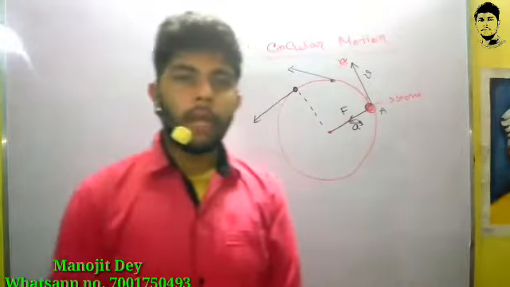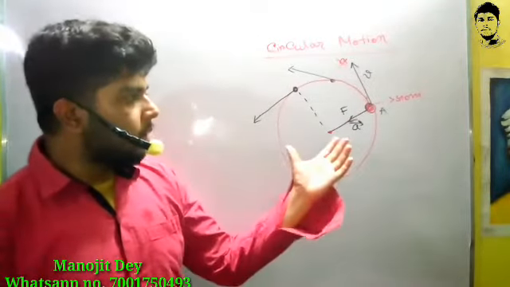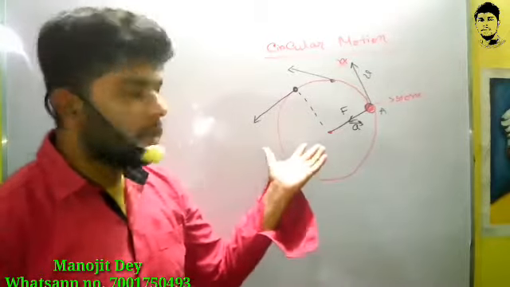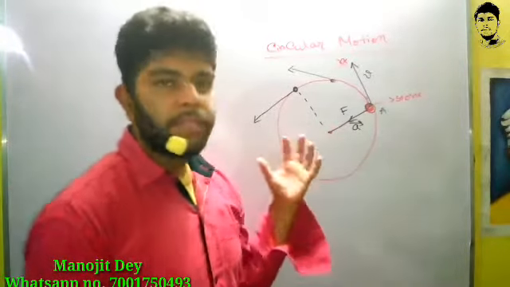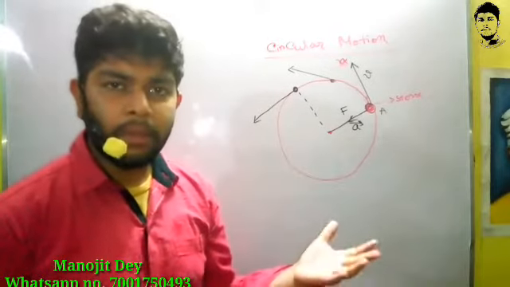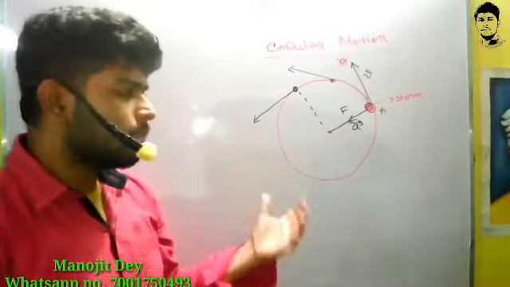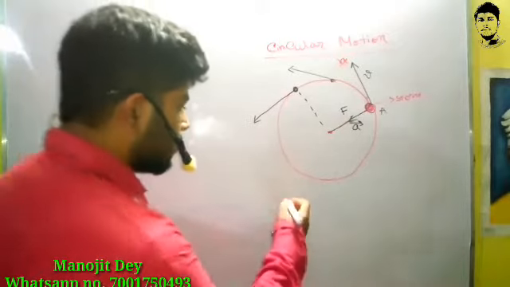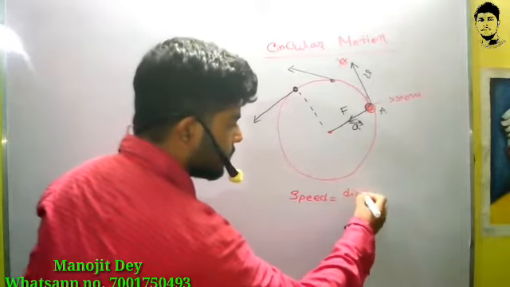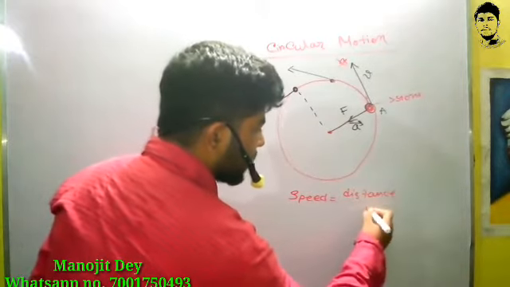Okay, now students, see what the velocity changes are here. We just learned that the velocity changes at every point, but what will be the linear velocity or linear speed? What will be the speed of this motion? So speed can be written as the distance per unit time.